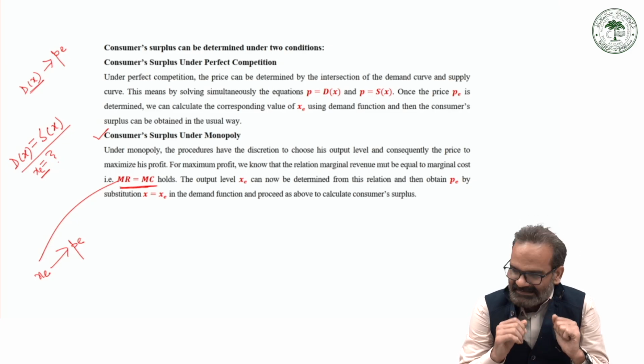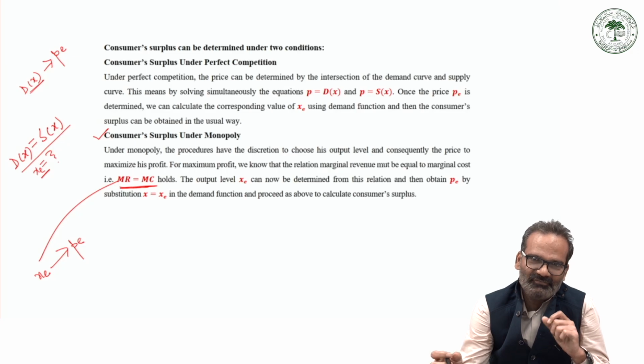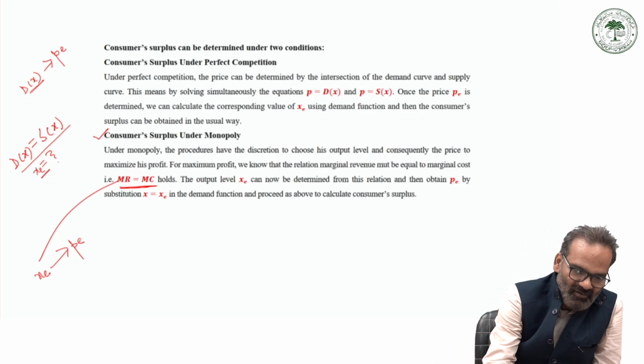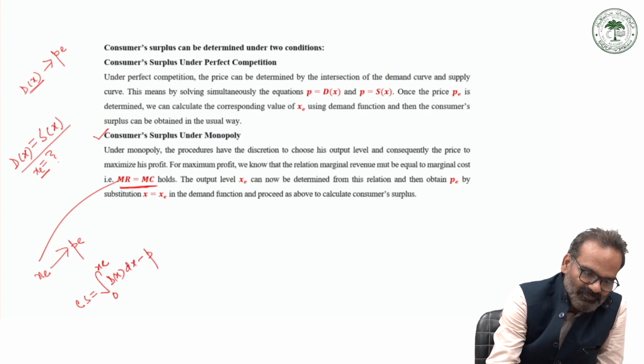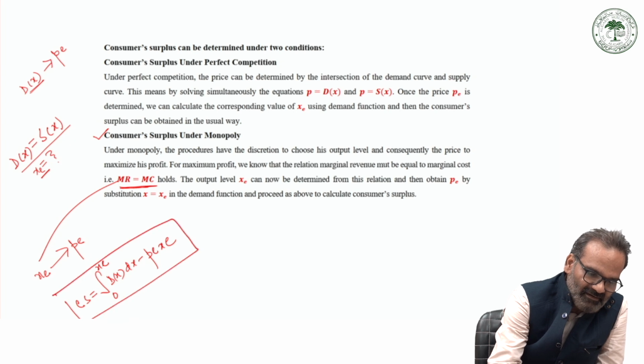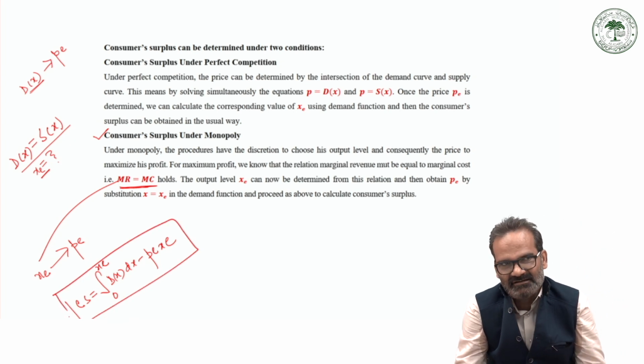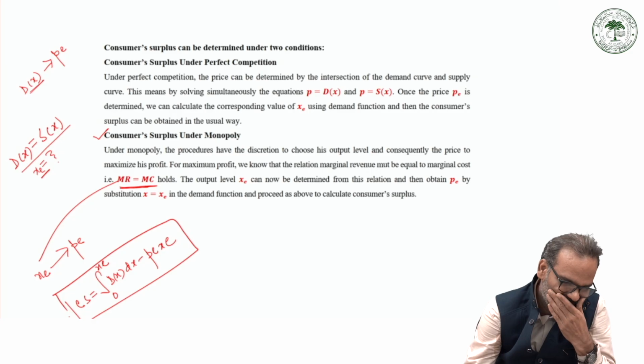So what did we learn from these cases? The formula for the consumer surplus is: CS equals the integral from 0 to XE of the demand function, minus PE times XE. Now look at this formula very carefully. What do we need to calculate the consumer surplus?